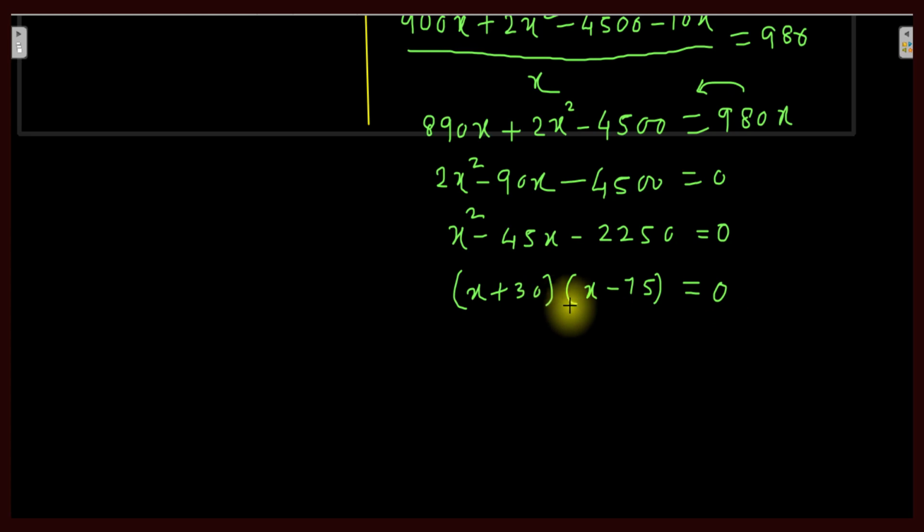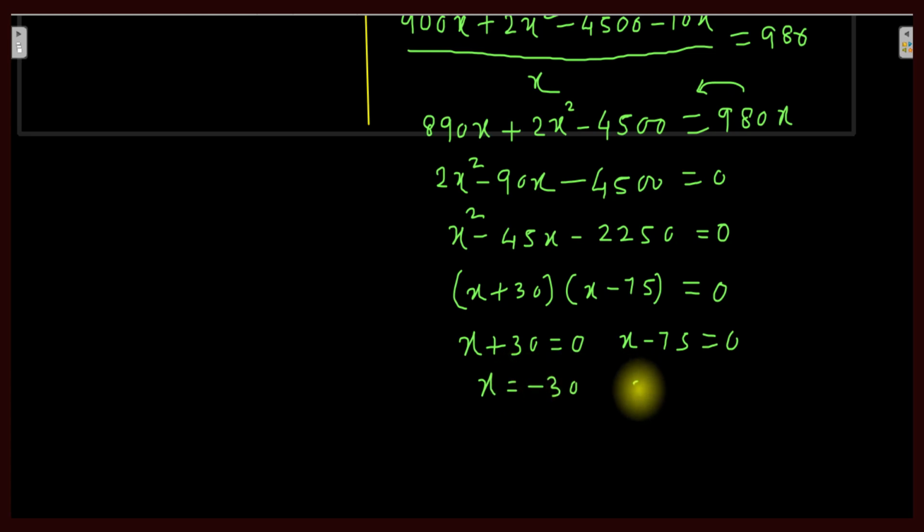So the product of these two brackets is 0. It means either this bracket should be 0 or this bracket should be 0. So x plus 30 should be equal to 0, or x minus 75 is equal to 0. So solving this, we get x is equal to minus 30 and x is equal to 75.